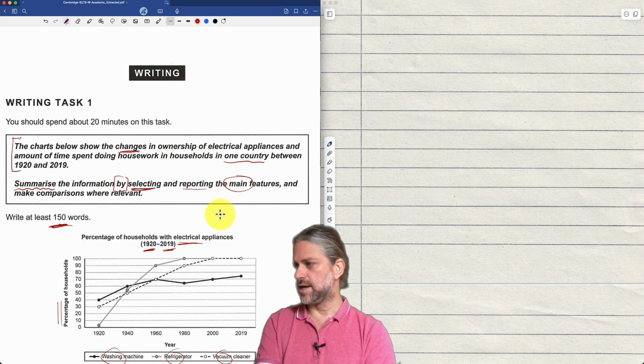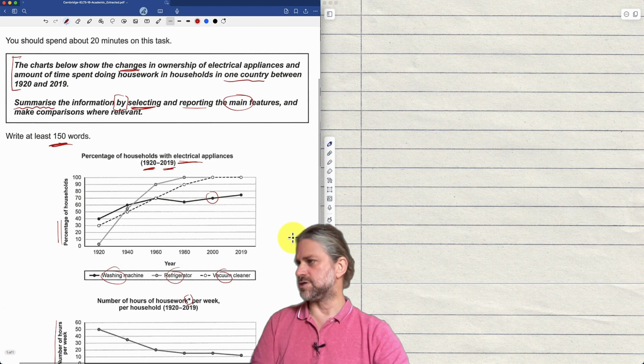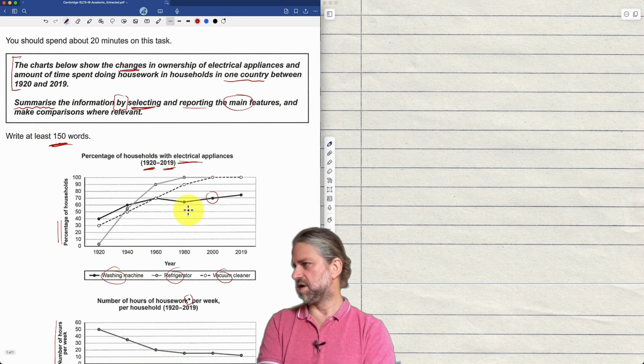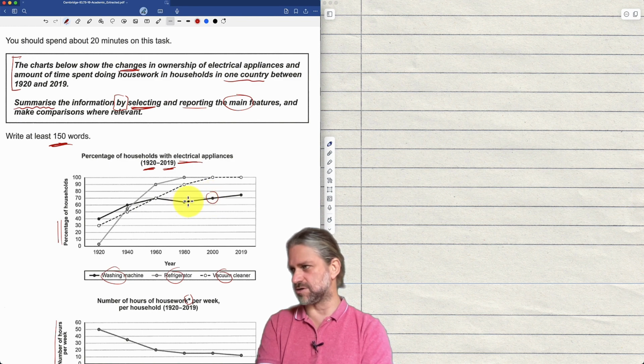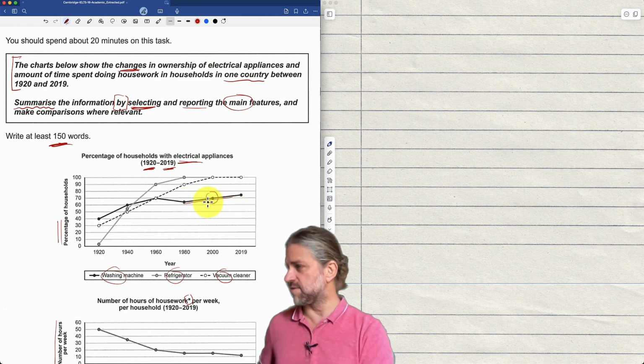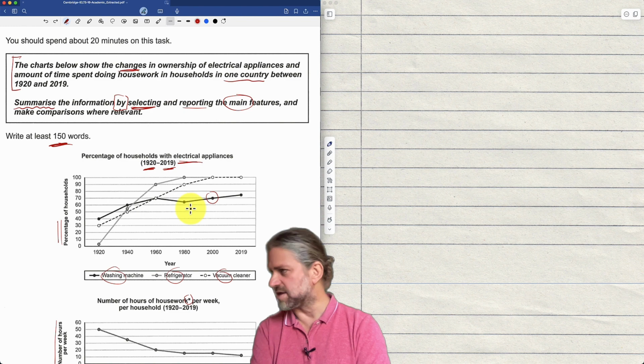Okay, so I do not give exact numbers for this little random one here. Let's just take this one as an example. So in the year 2000, for the washing machine, it's not a straight line, there's a slight increase. If it went from this dot to that dot, it would look like actually maybe it's exactly. Maybe it is exact.